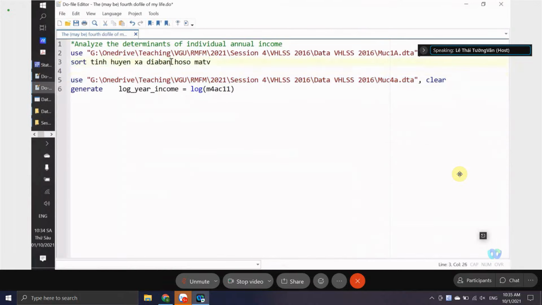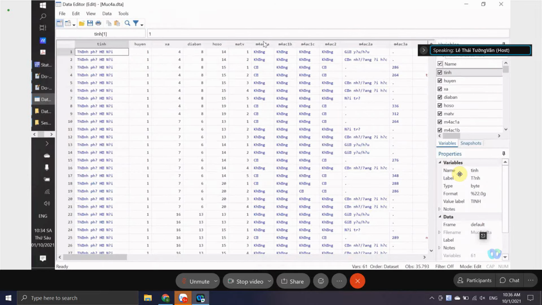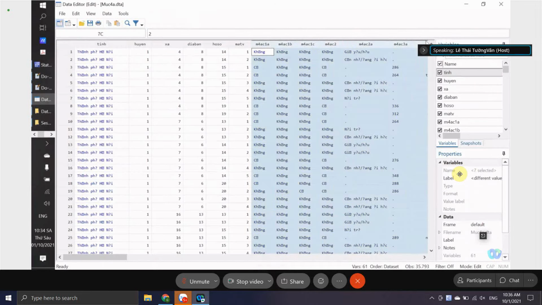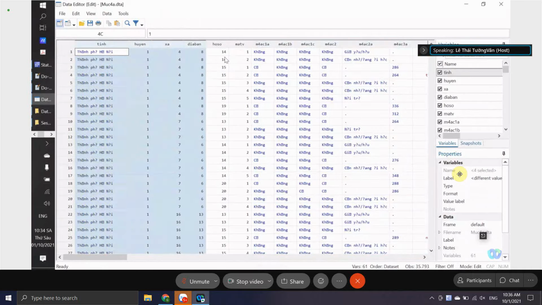I do the same sorting thing. And from these questions, they record different information, but the first 6 variables record the same information: Tỉnh, huyện, xã, địa bàn, hộ số, mã thành viên.